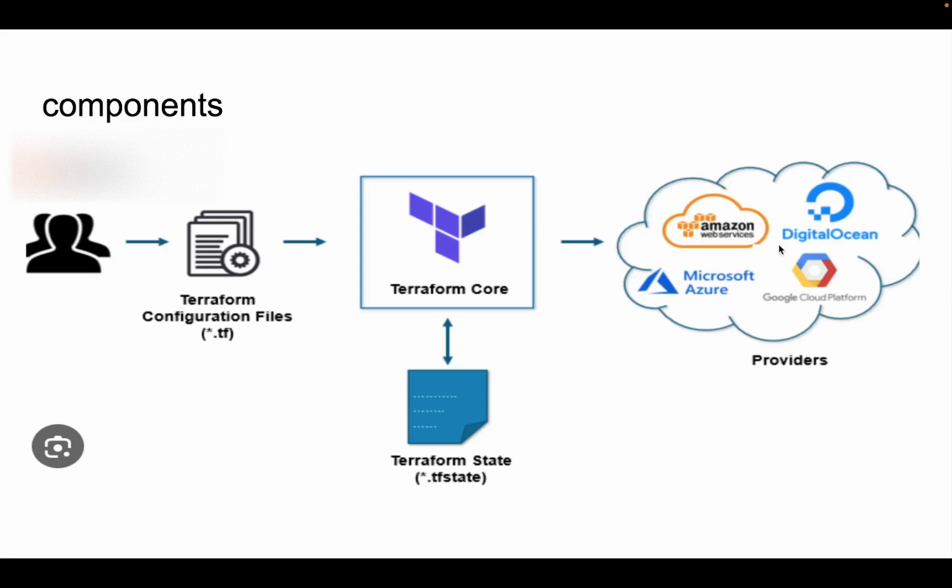If you have nothing, your current state is empty. You want to create this on a cloud provider, let's say AWS, but for now you have nothing. Therefore, your current state is empty. So it's going to record that.